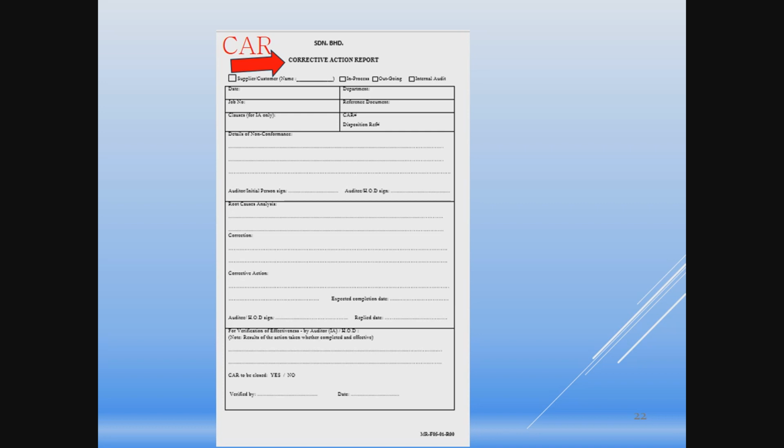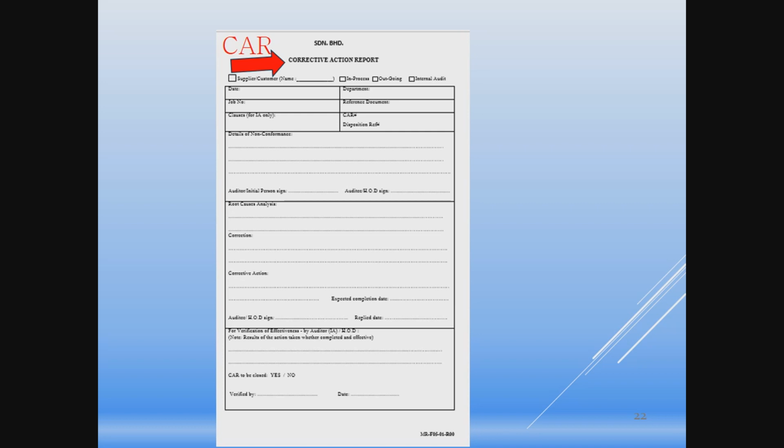And the corrective action must be taken not only on that problem on that product, but on all products, all sections, and if it is a department problem, then all departments.